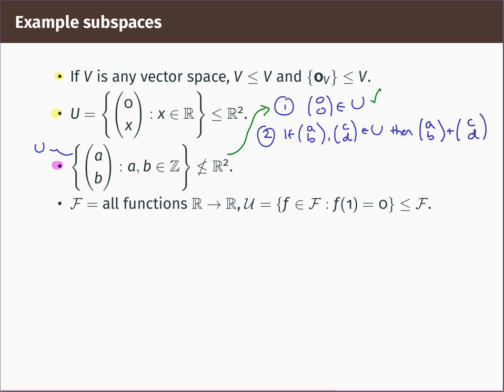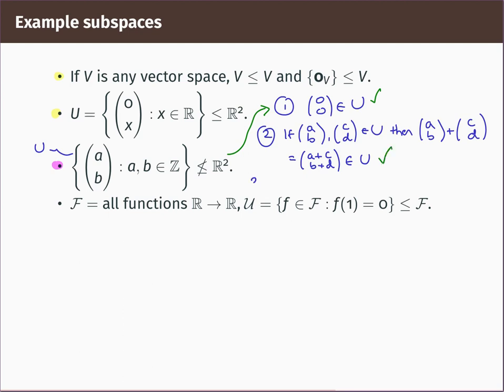So if we look at the sum, we get the vector (A plus C, B plus D), and the first entry of that vector, A plus C, is an integer plus an integer, so that's an integer again. And similarly, B plus D is an integer plus an integer, so it's an integer again. So this really is in U. So we pass condition 2 as well.